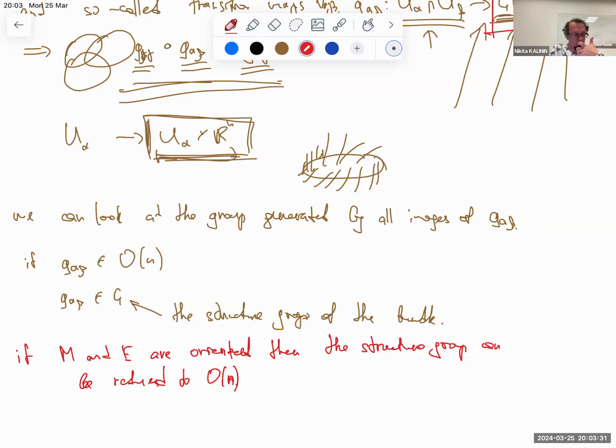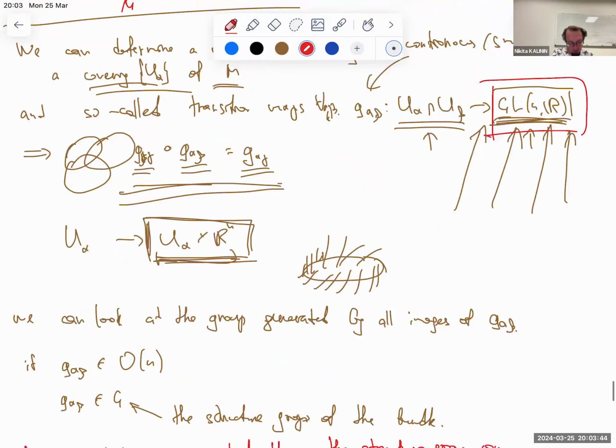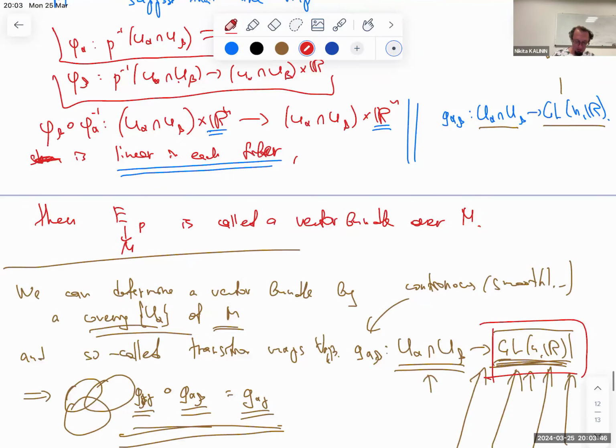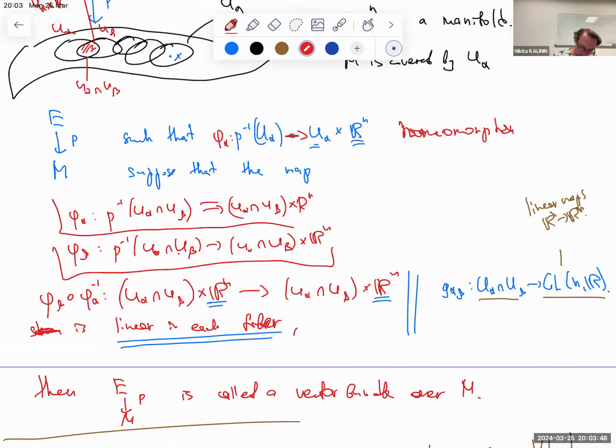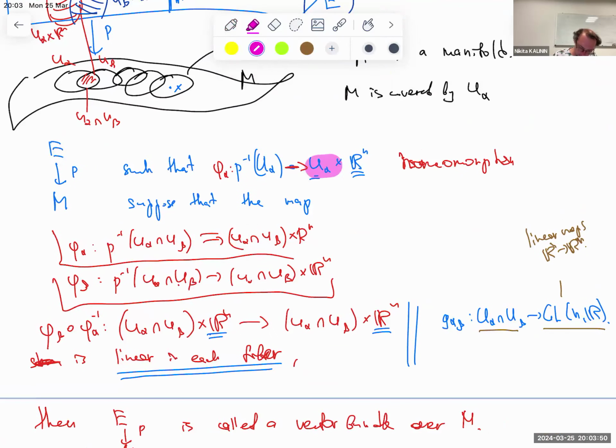Because if you manage to choose a basis at every point, such that this basis changes smoothly when you go from one point to another, then you can ask that when you glue these maps, the basis goes to the basis.